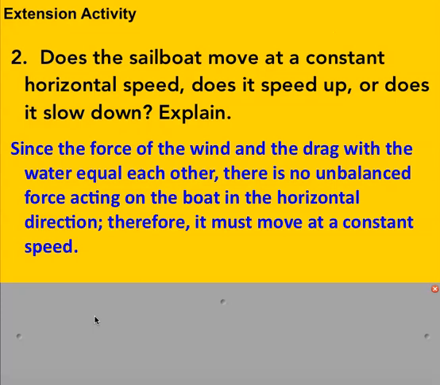I would put it in a different scenario, but having all the background information, you should be able to look at it and say, oh, it's got to be moving at a constant speed because the forces are balanced. And if it's moving, it's got to be moving at a constant speed. It can't be speeding up or slowing down.